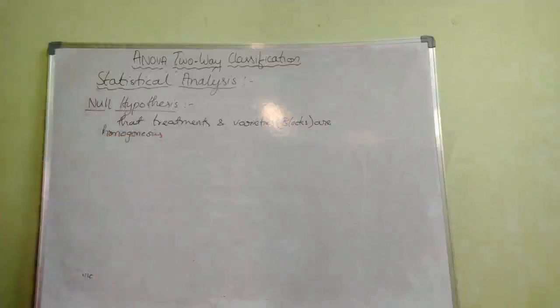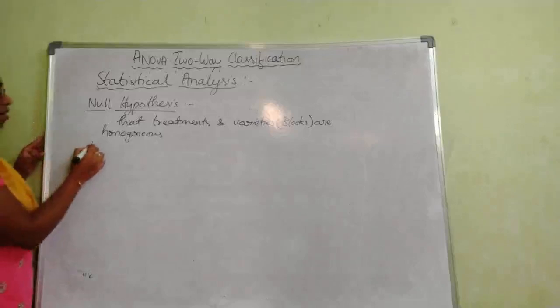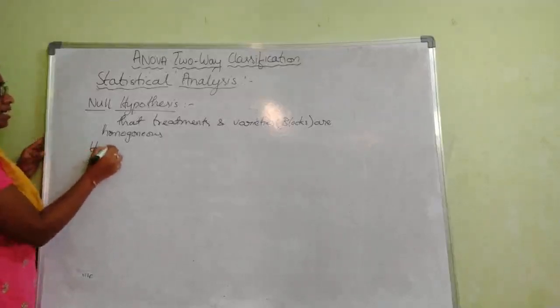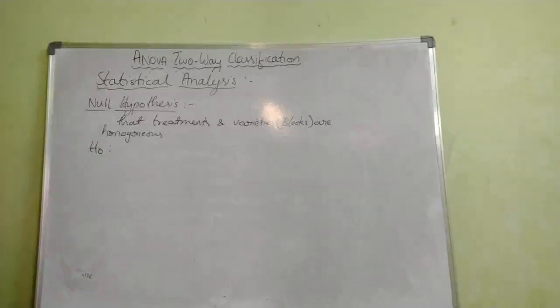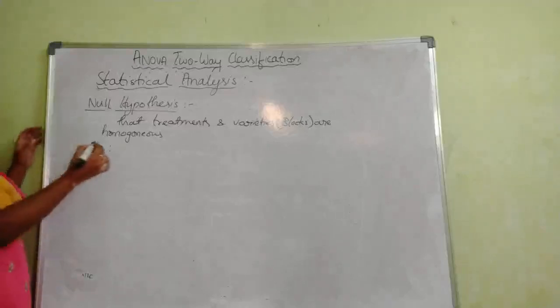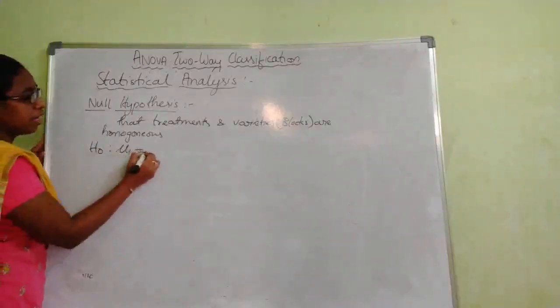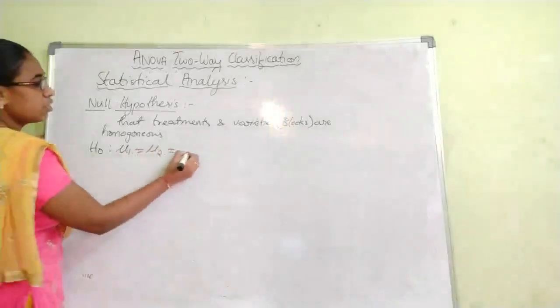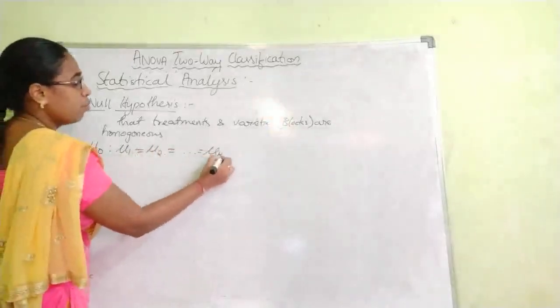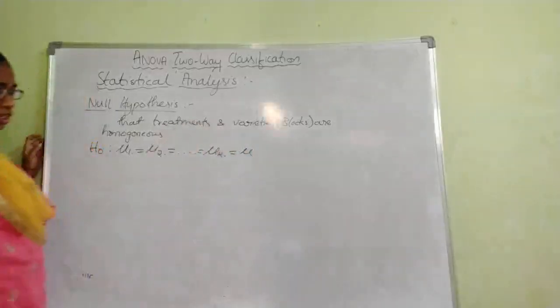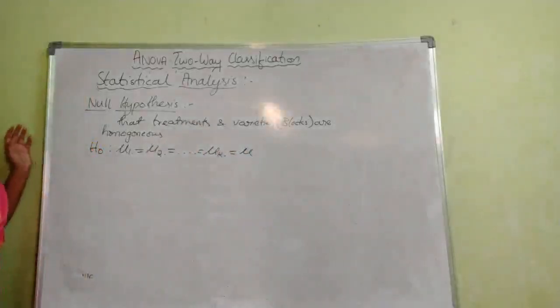Homogeneous means there is no difference between the treatments or there is no difference between the varieties. How are we going to write the null hypothesis? I said this ANOVA is used for testing several means, so we write the null hypothesis in terms of means. First, the treatment means: mu1 dot equals mu2 dot equals and so on up to mu k dot, which we have assumed as mu. Same as the ANOVA one-way classification.